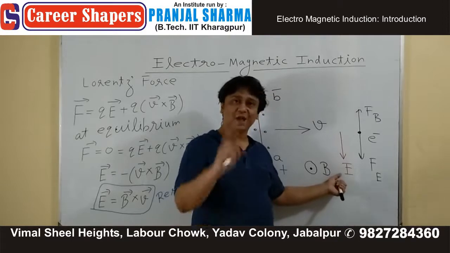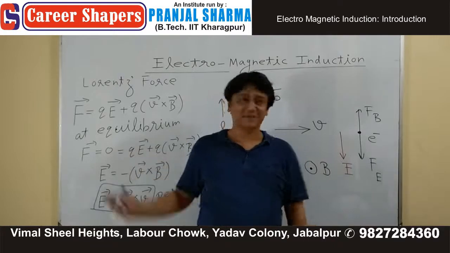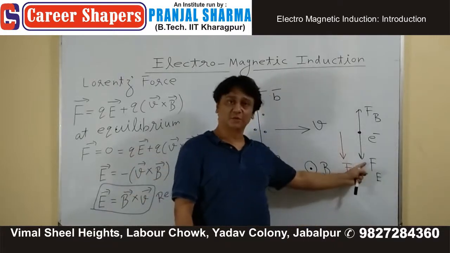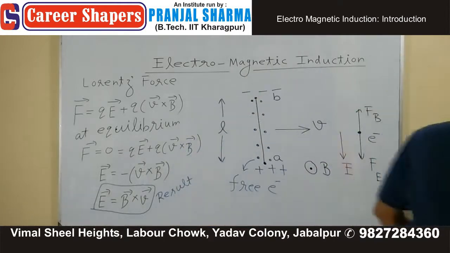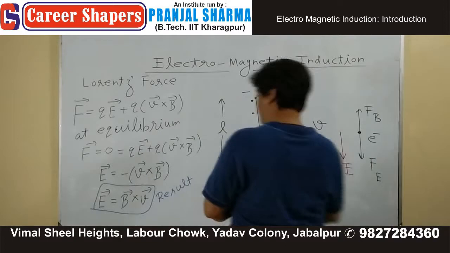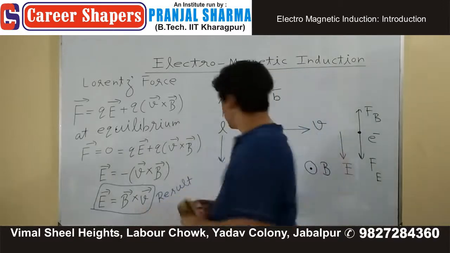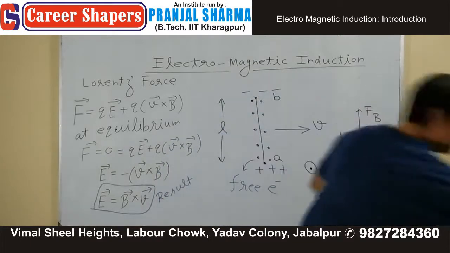And nobody pointed out, and everybody is writing yes. This was not the direction of electric field. When I change from this side to this side, this is the direction of electric force, not of electric field. And nobody corrected me, but the cross product did correct me. What was the direction of electric field?